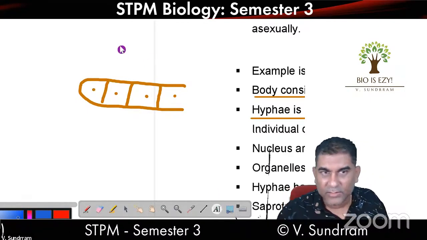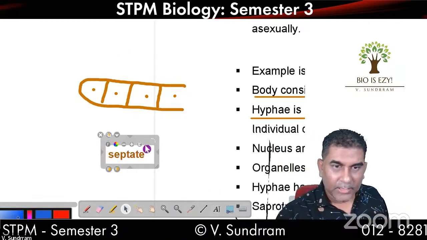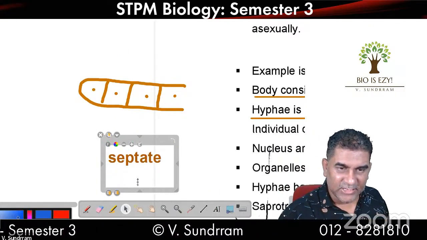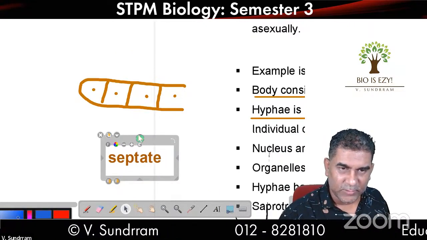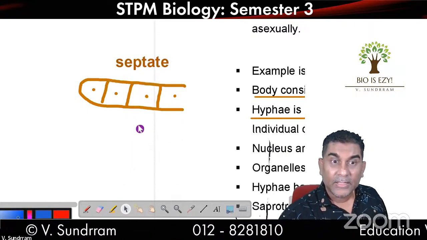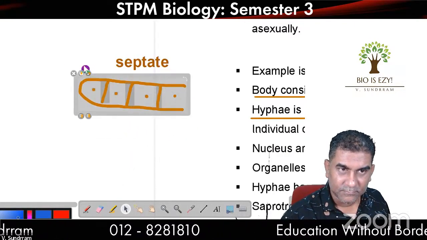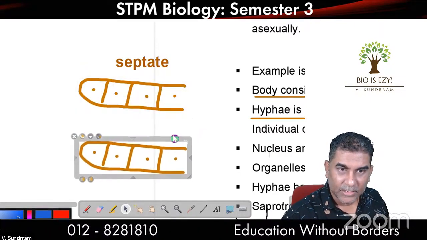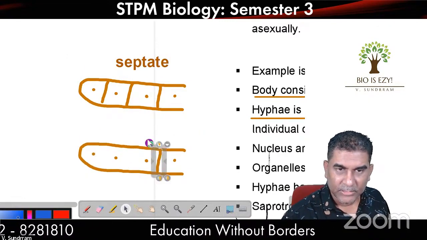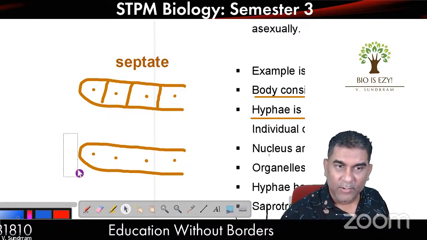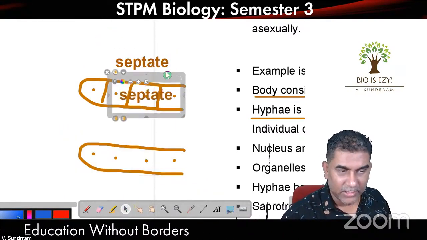This one we call septate. That means the hyphae is divided by a wall, so you can see individual cells. If the same one now doesn't have these walls, they all already fused to become one large cell. This we call aseptate.